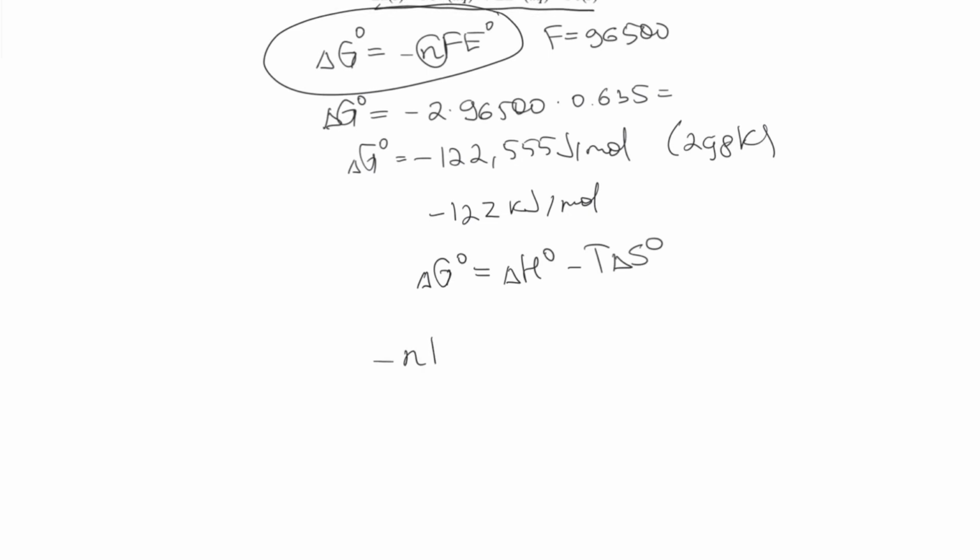So negative nFE is also equal to delta H minus T delta S. Now if we solve this for E standard, we divide both sides by negative nF, and we get that E is equal to negative delta H standard over nF plus T delta S over nF, right?